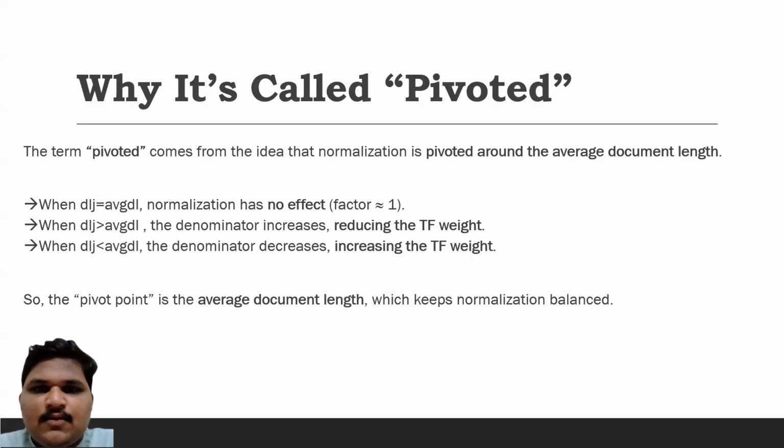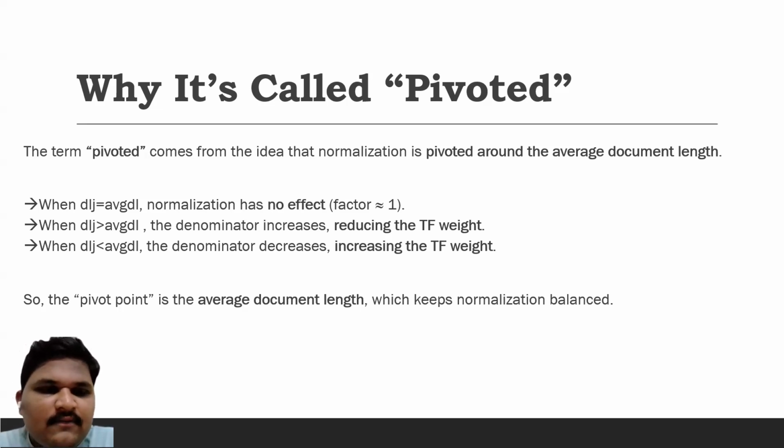So why is it called pivoted? The term pivoted comes from the idea that normalization is pivoted around the average document length. When the document length of document j is equal to the average document length, normalization has no effect.